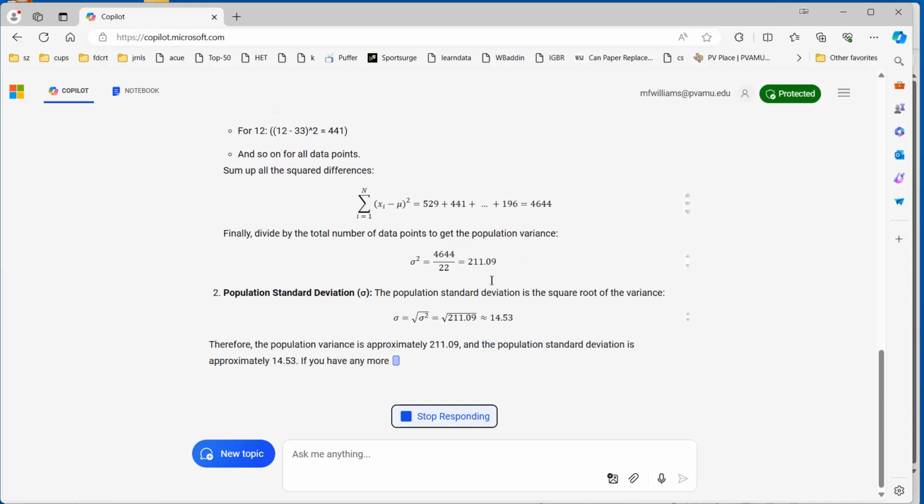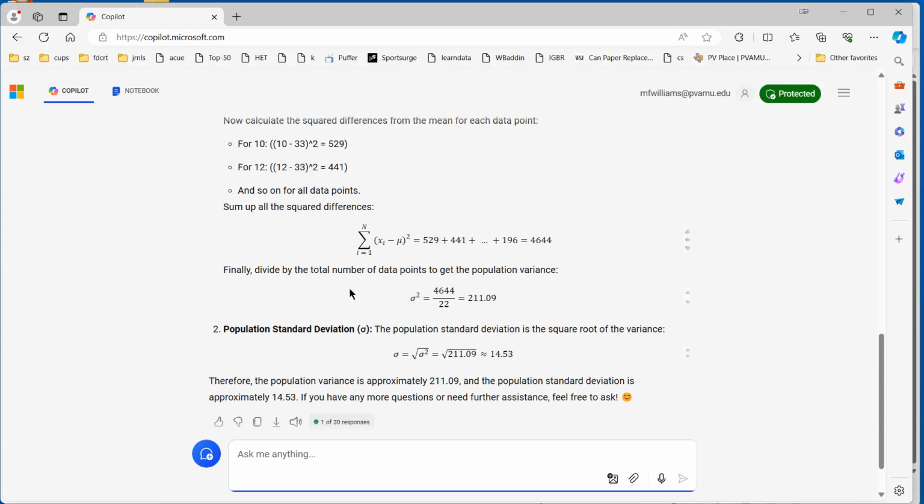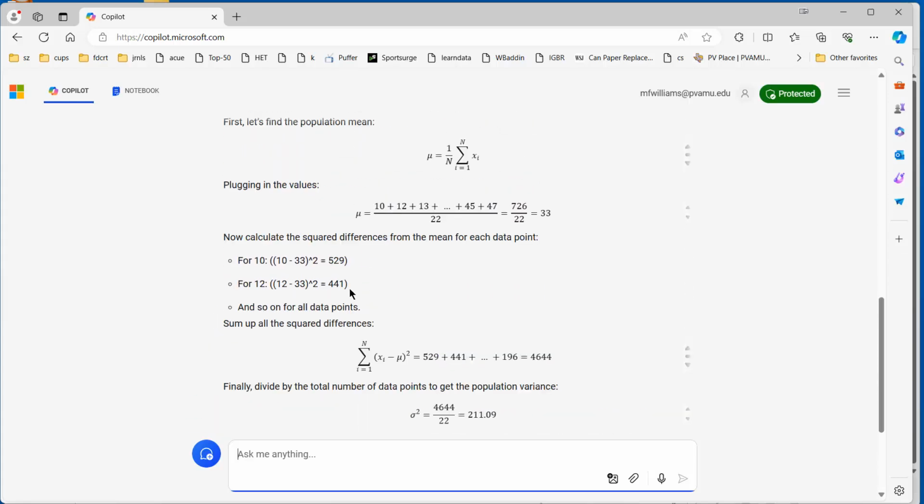We got 211.09 and 14.53. Well, that's wrong. That's wrong. It only has 22 again. It missed one of them. It got the 10. I don't know which one it missed. It has the 47.